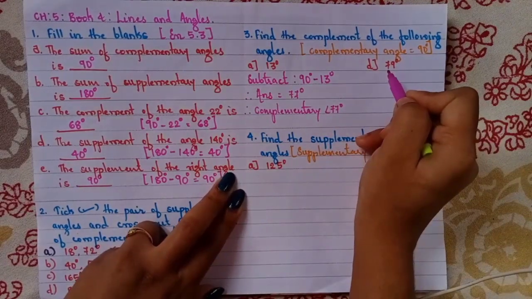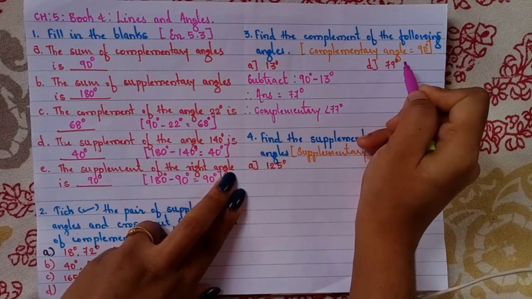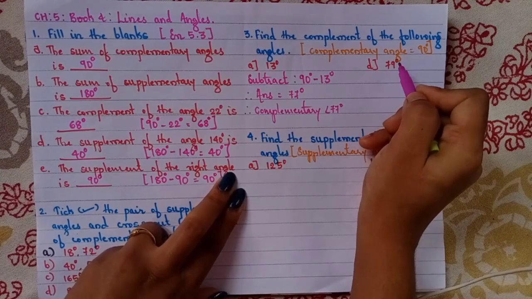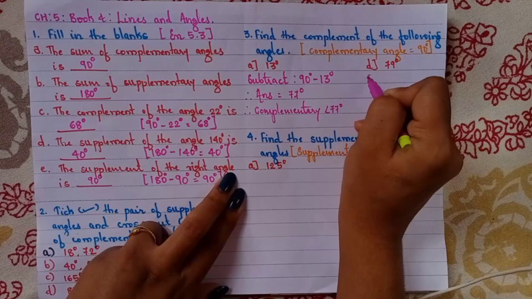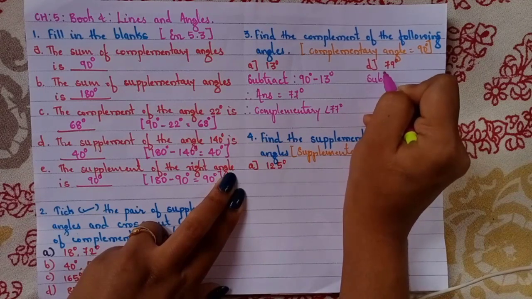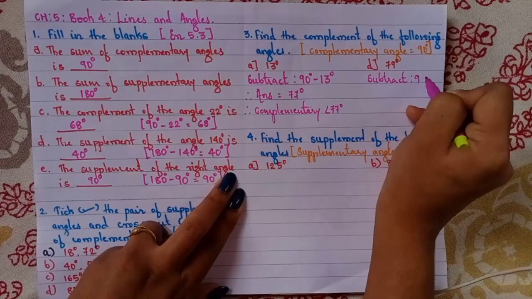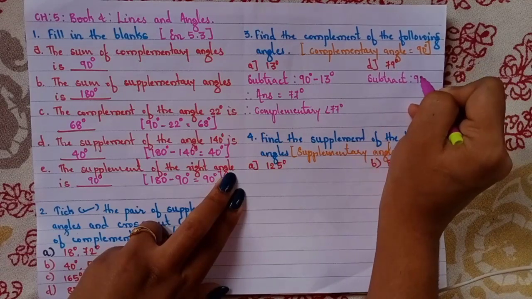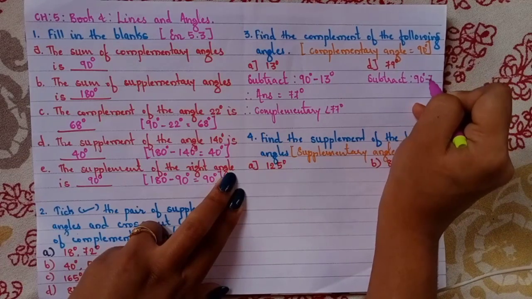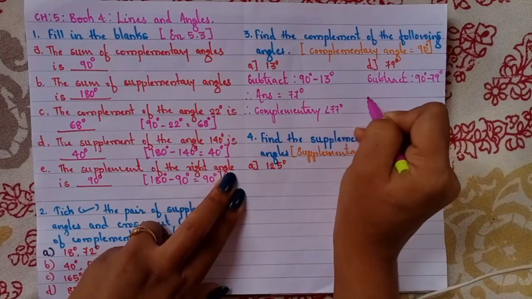Next we have another example, that is 79 degrees. We have to find the complement angle of this. So again here also the key is subtraction. So let's write subtract. So subtract 79 degrees from 90 degrees. So 90 degrees minus 79 degrees.